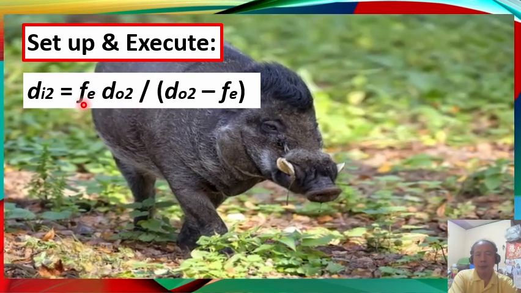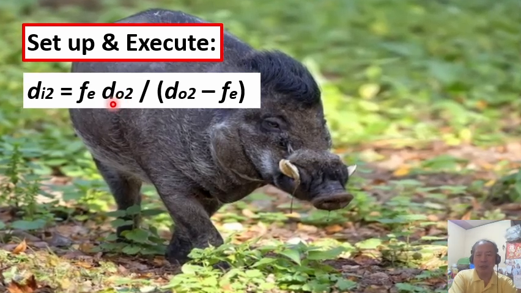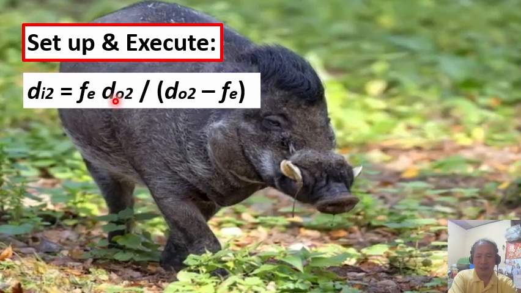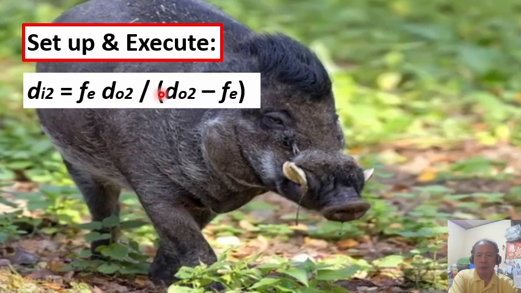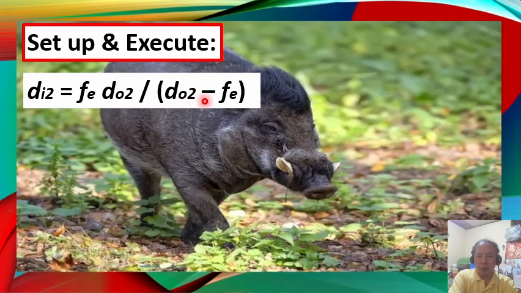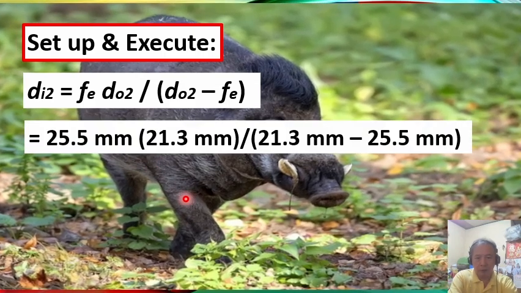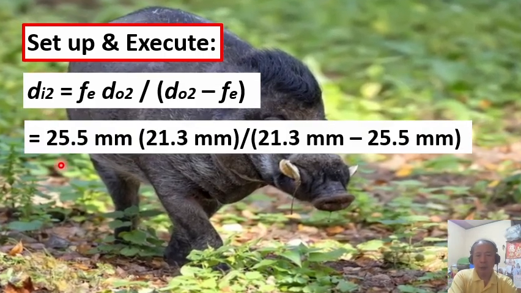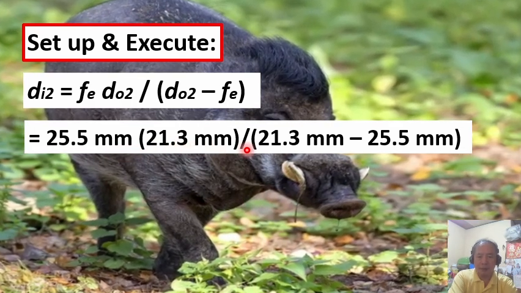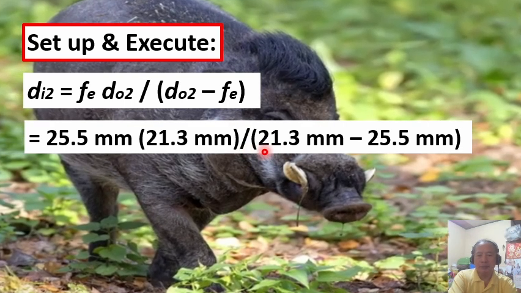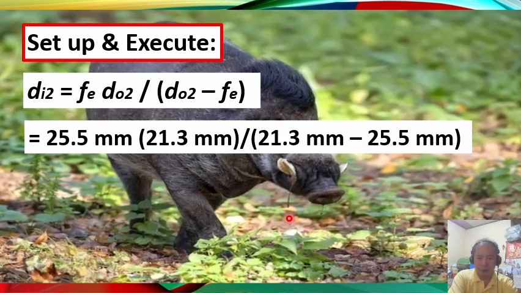Or the product of the focal length of the eyepiece and the distance of the second object relative to the eyepiece. And then their product, of course, will be divided by the quantity d sub O2 minus fe. So when we substitute the given quantities, d sub I2 equals 25.5 millimeters times 21.3 millimeters, and then divided by the quantity 21.3 millimeters minus 25.5 millimeters.